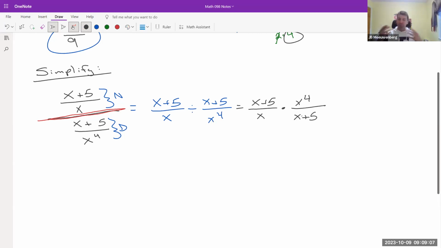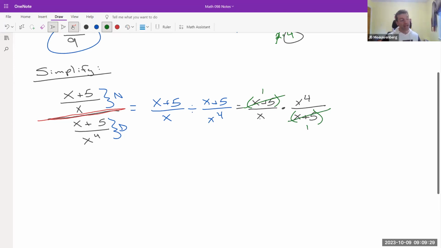And then we multiply, but we also need to simplify along the way here too. So what I notice here is that I have this entire binomial x plus 5 that matches on the top and the bottom. Because they're identical, we can cancel out the entire things and just replace them with ones, right? Those are going to cancel.